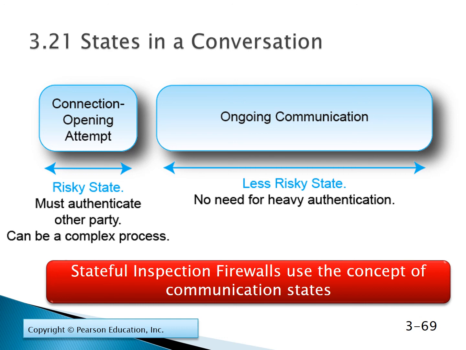That's why many firewalls do something called stateful inspection. That means it will use the concept of communication states. It will pay more attention to the risky state, but for the less risky state, the ongoing communication, you actually would not care too much.